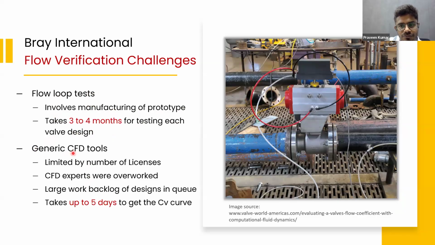There was a large backlog of designs in the queue. It usually takes a week or 5 days, and the machine and license are completely engaged. The process has to go in queue, one opening and then the next opening, before you get the complete CV curve.